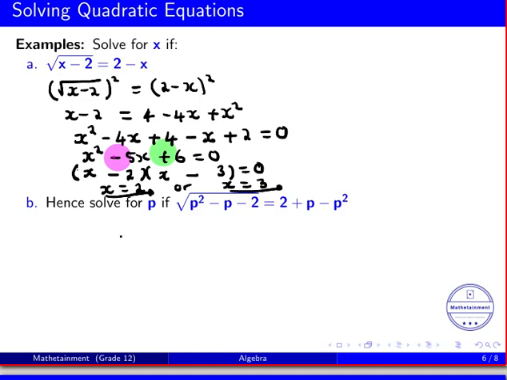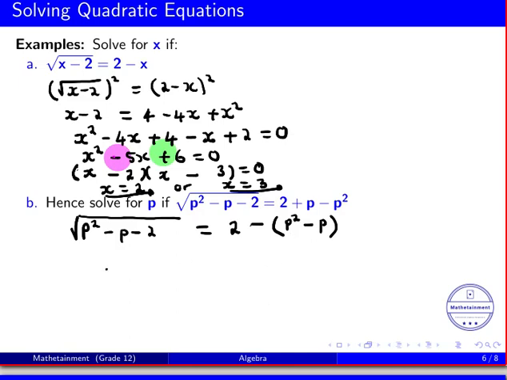So for example, I want to relate this equation that we are given here to the one that we found above. So look at this one. I have a square root, and underneath this square root, I'm going to have p squared minus p minus 2 equal to 2 minus, okay, now I want to write p squared minus p, because I took out the minus 1 as the common factor there, then I have p squared minus p.